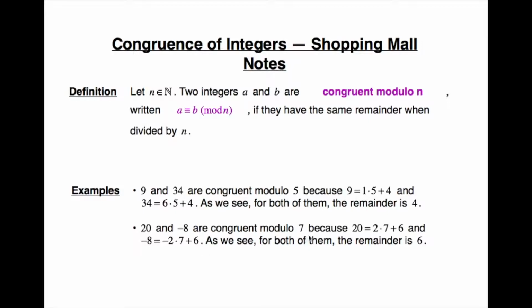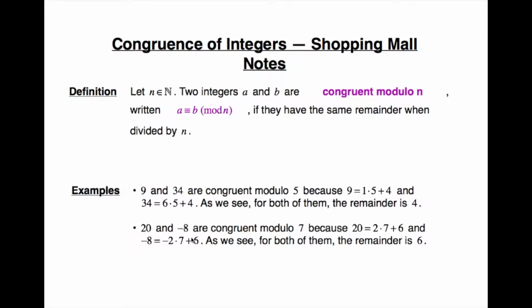So here, in the case of modulo 7, the remainder is going to be a number between 0 and 6. Therefore, negative 8 is equal to negative 14 plus 6. Again here, since the remainder is 6 for both numbers, they are congruent modulo 7.